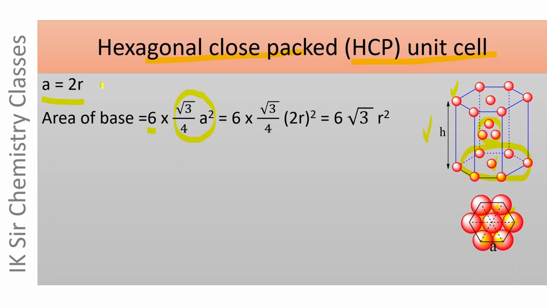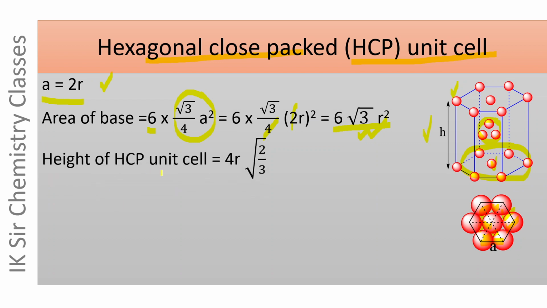And a is equal to 2r, and hence on putting the value of a, we get 6 into under root 3 divided by 4 and multiplied by 2r whole square, and it is nothing but 6 under root 3 r square. It is the area of the base of the HCP unit cell. Here the 4 will be cancelled out, and it is simply 6 under root 3 r square.